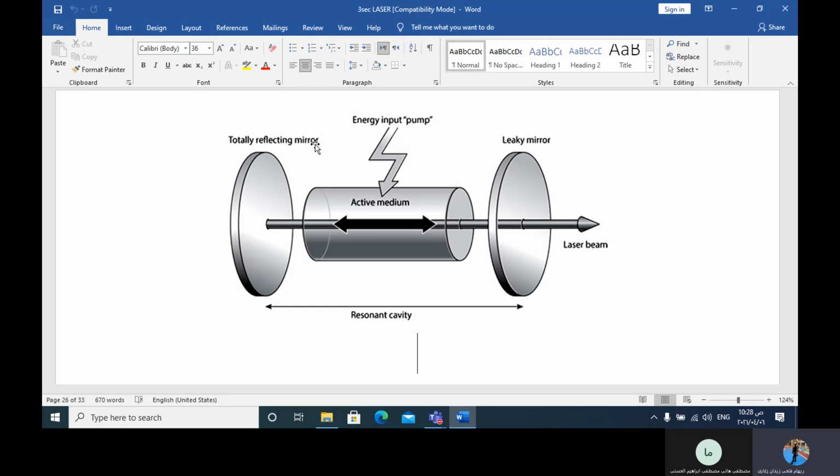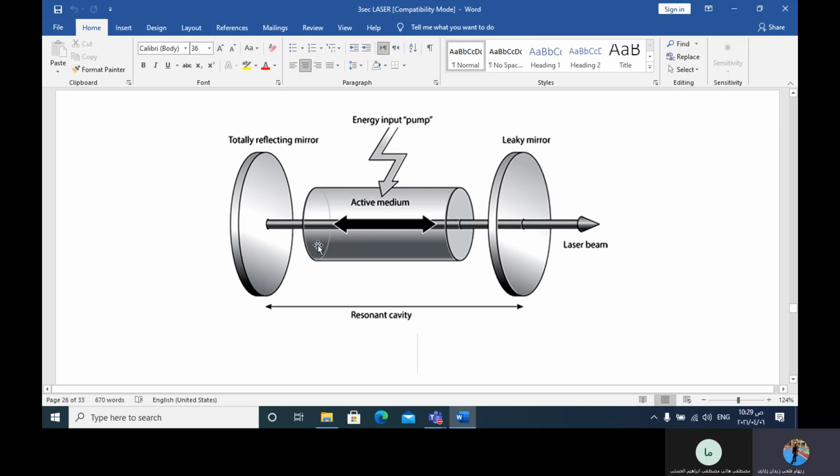If you look here again, I'm going to explain what's going on. The structure is, number one, the cylinder, which contains the active medium. The active medium is subjected to energy input to cause the pumping action. This can be obtained by any source of energy, such as electric energy, optical energy, chemical energy, or any other form of energy.